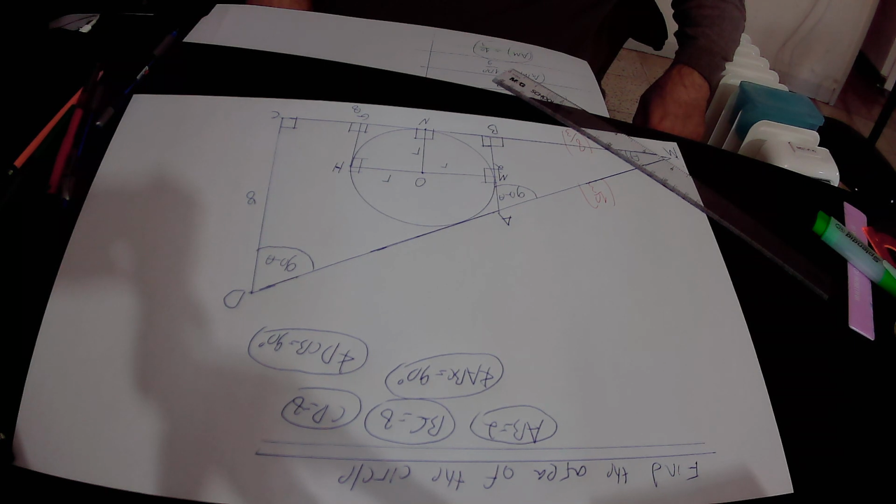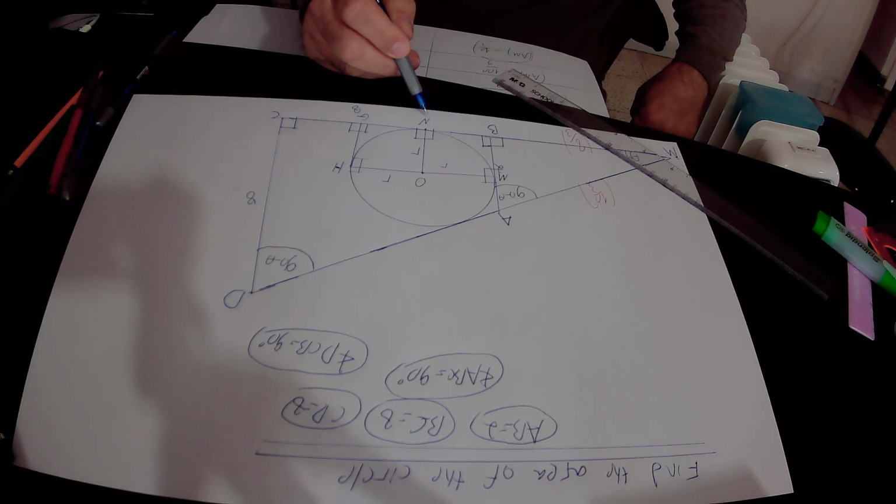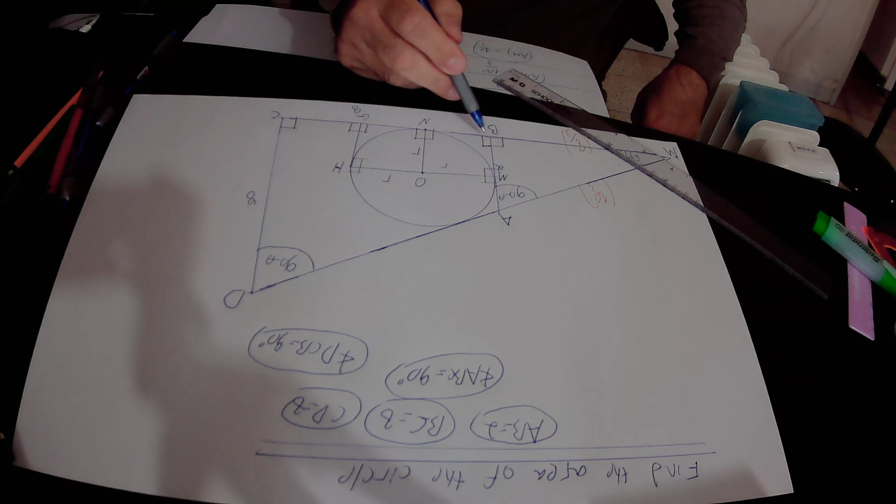So we focus on quadrilateral MOBN. Inside this quadrilateral, we have 1, 2, 3 right angles.